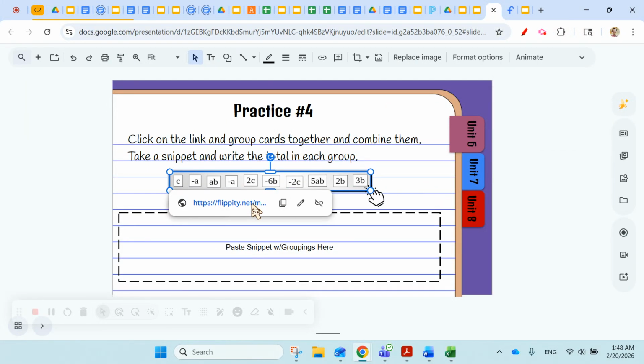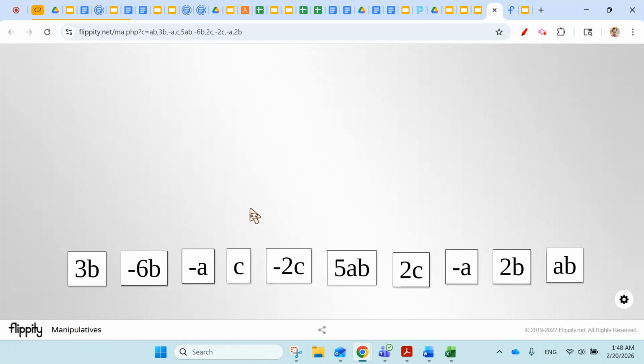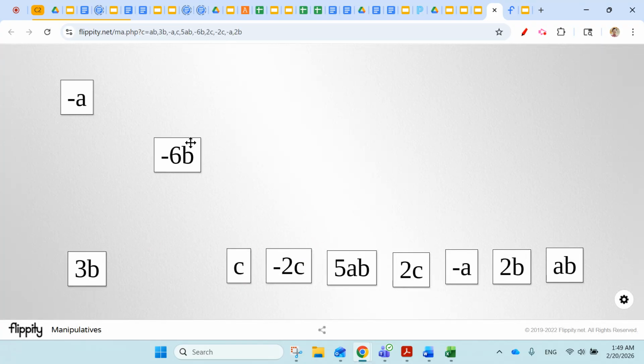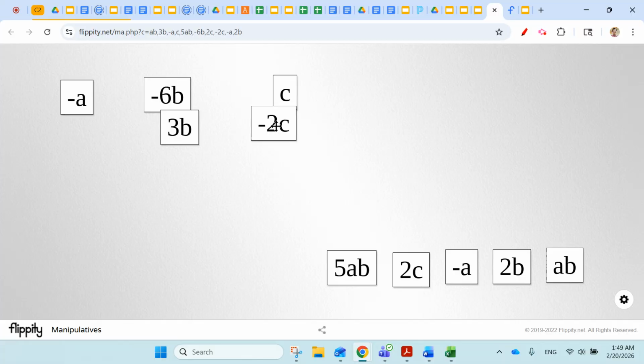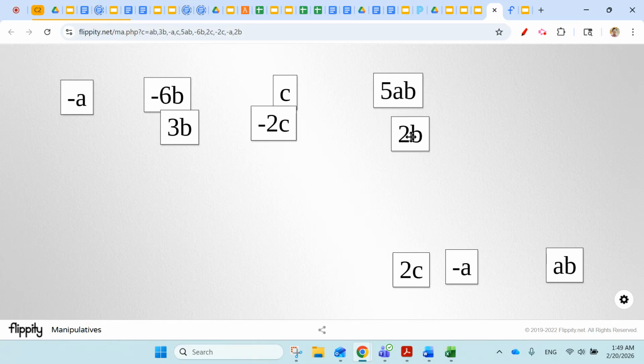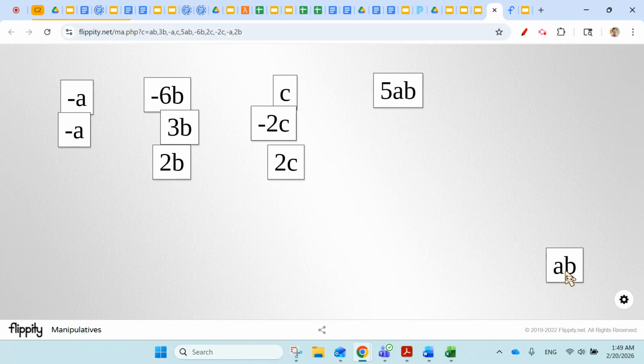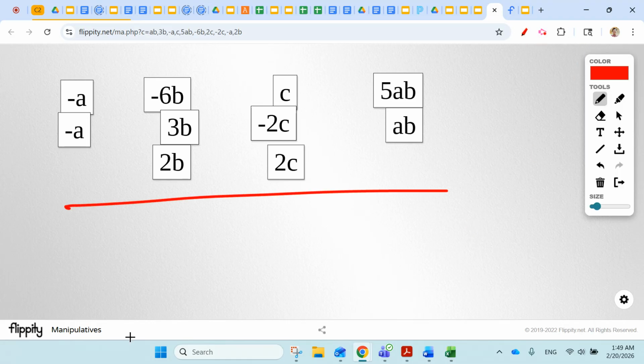All right, here's the next one. We're going to combine what we can. Remember, it's got to be the same combo of variables. So we've got A's, B's. Here's another B. We have a C. Now, AB is different than A. It's different than B. AB is its own thing. Take a screenshot and combine them.